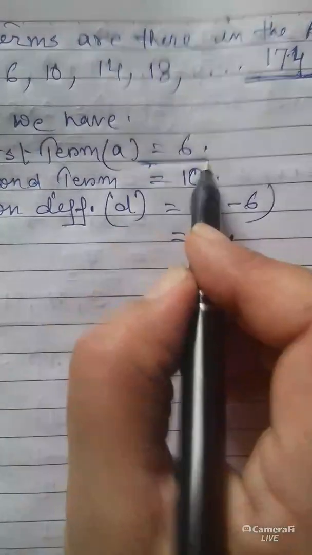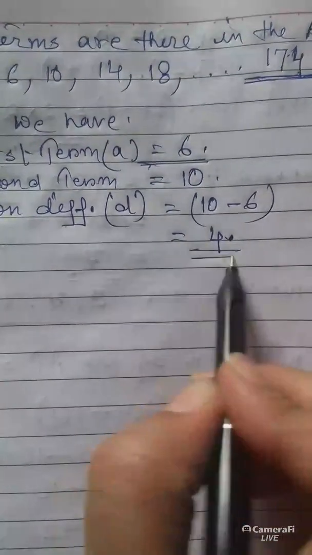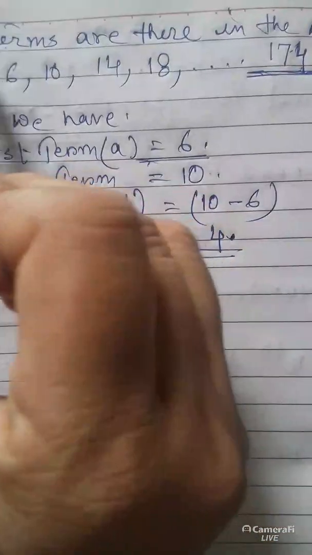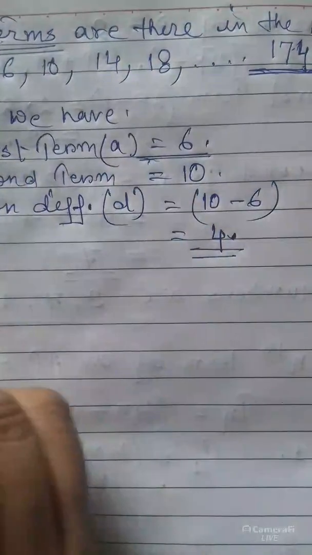First term equal to 6, common difference equal to 4. We have to find how many terms are there.